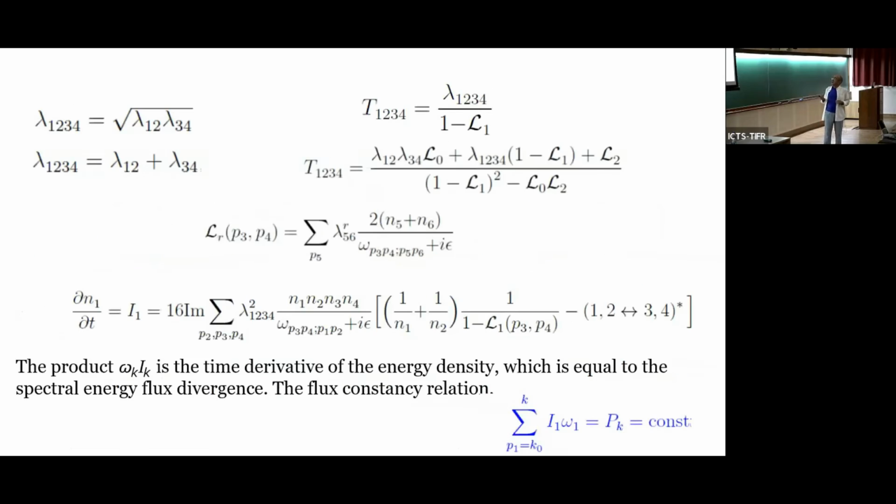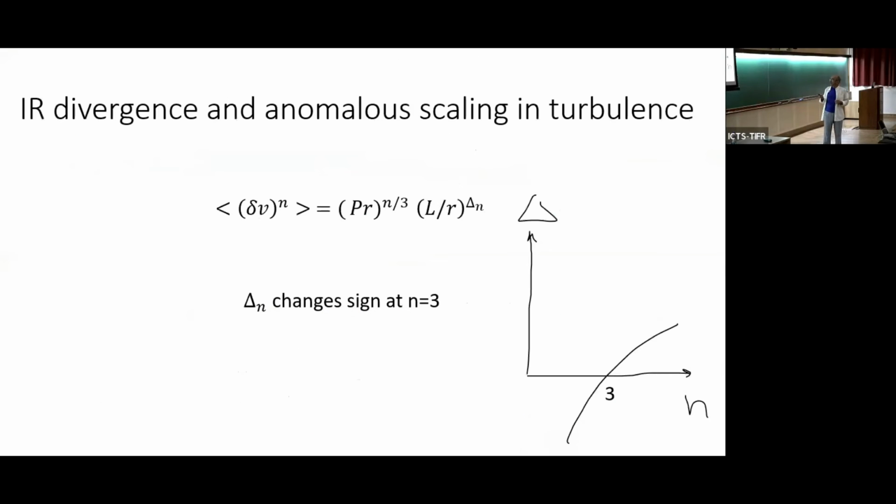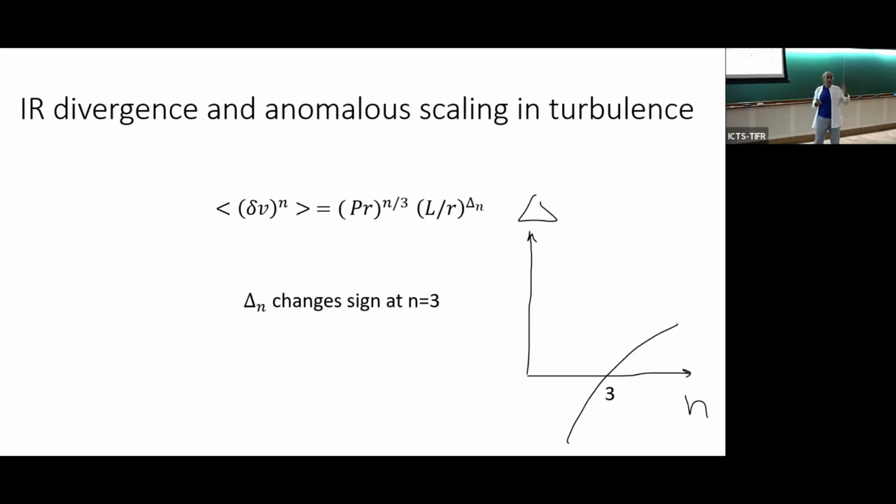And yet, if you go back to incompressible turbulence, where of course we cannot derive anything, but we know empirically what is called intermittency, anomalous scaling of different moments. Namely, we may ask how the moments of velocity differences at a given scale R depend on R for a given n. And what we find is that there is a dimensional estimate, P is a flux, which we usually call epsilon.